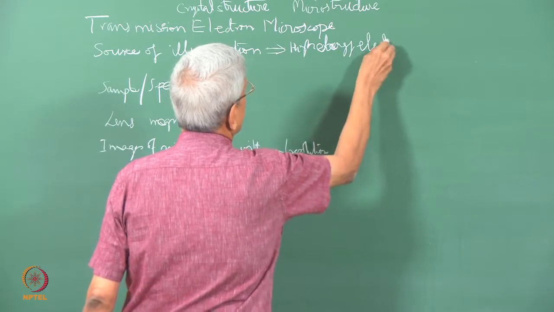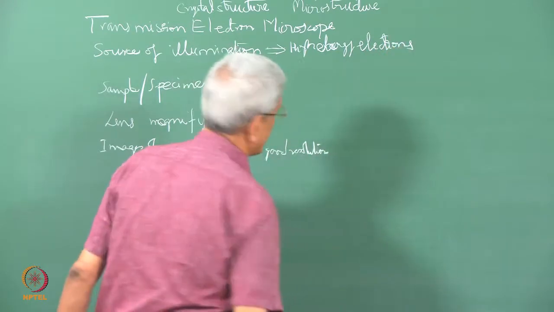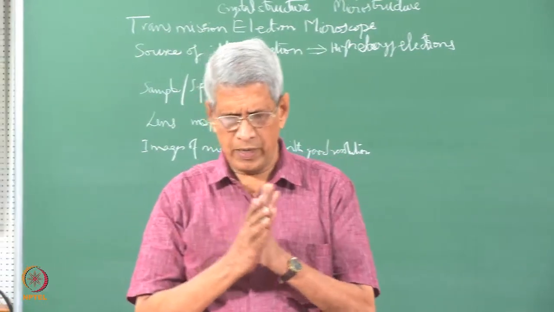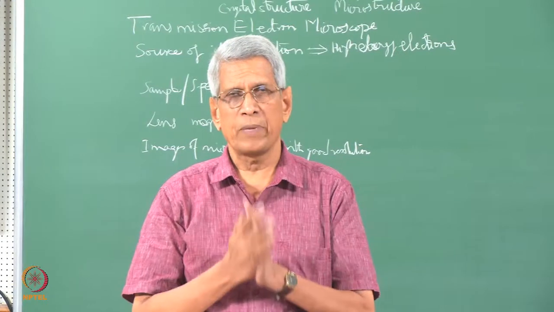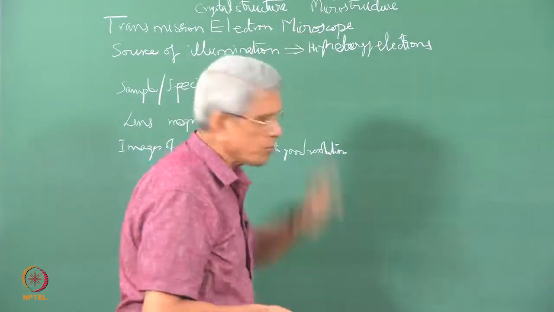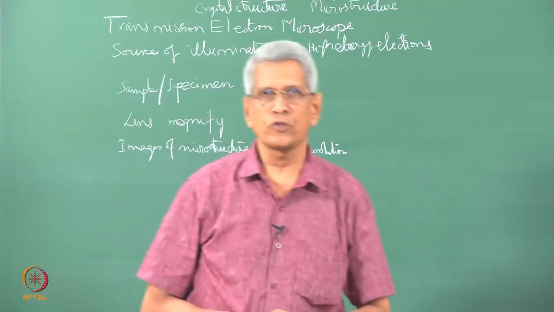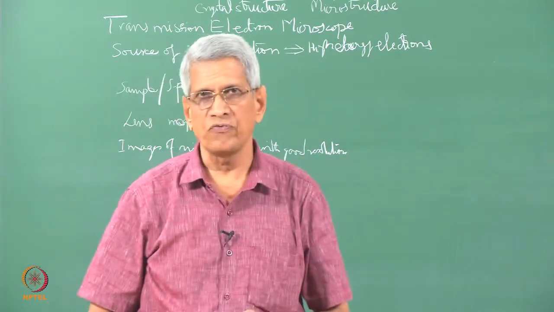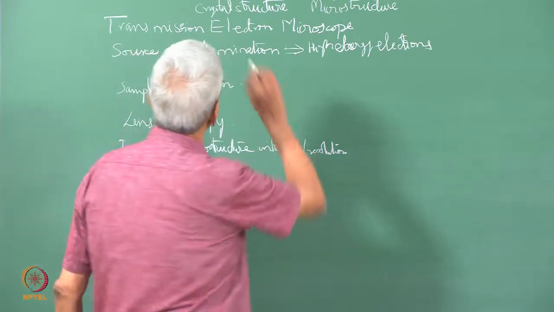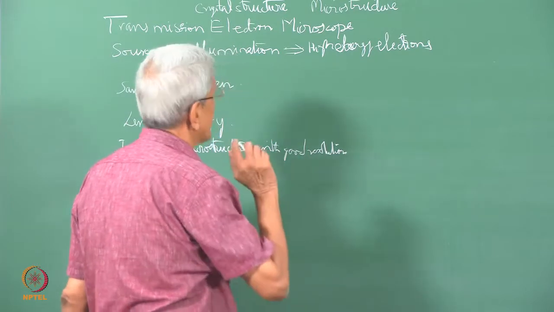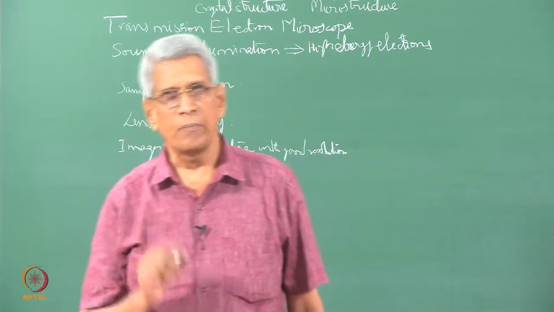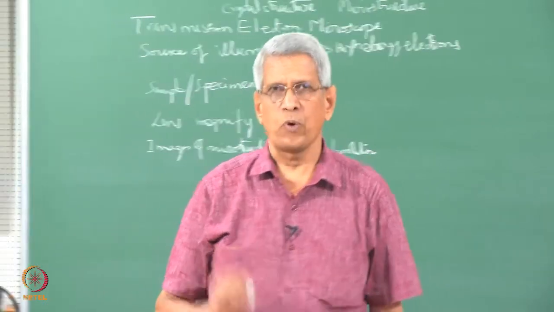These electrons are accelerated to very high energies, and the voltage which is being applied is made so precise that the beam is highly monochromatic, and then we choose a source so that the brightness of the source is very high. When we want to get some diffraction information, the diffraction takes place in a sample when the beam is highly coherent and monochromatic.